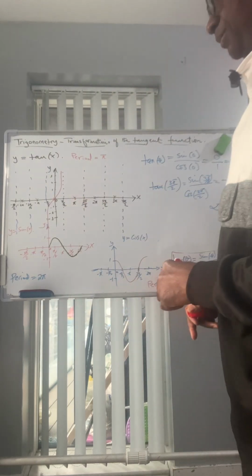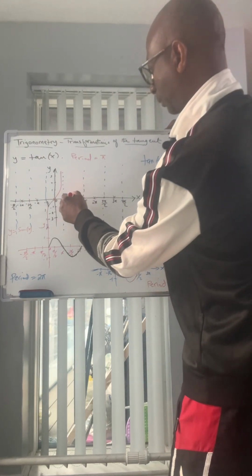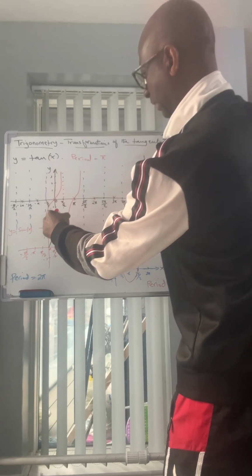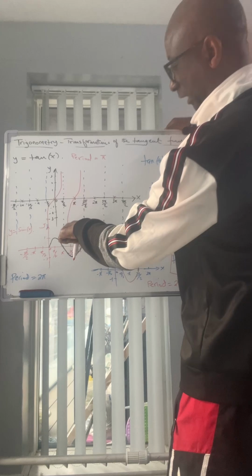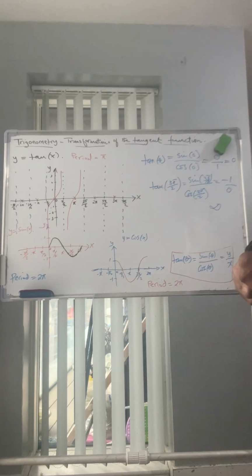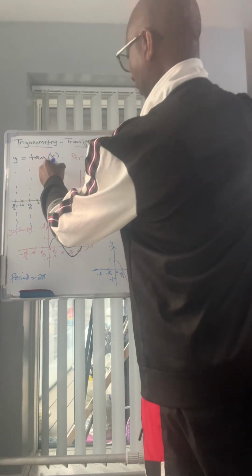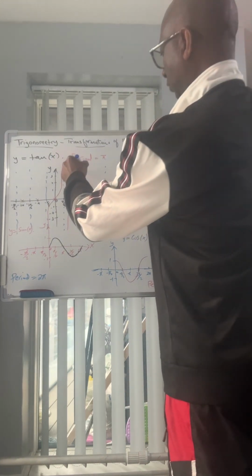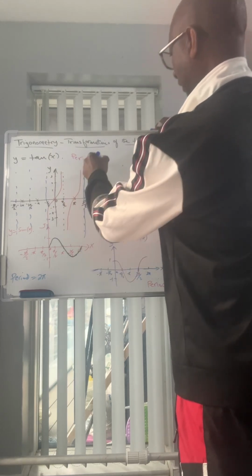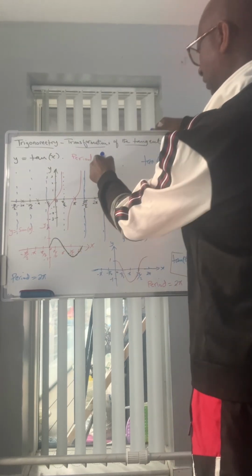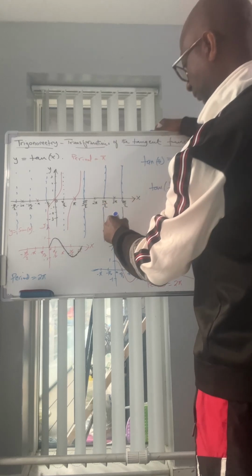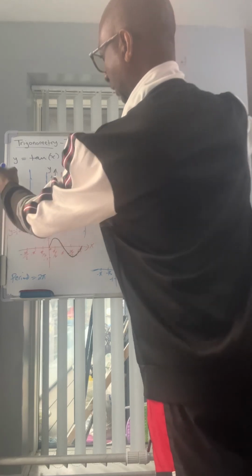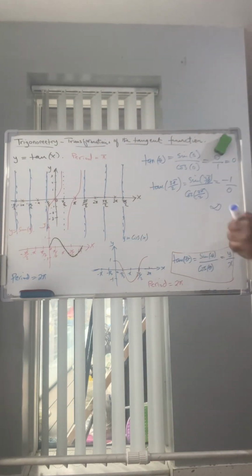It will pass through pi here. It will come here. It has this S shape, but it will never touch this blue line, because this blue line shows that this is our asymptote. We have the blue line here, here, and here.